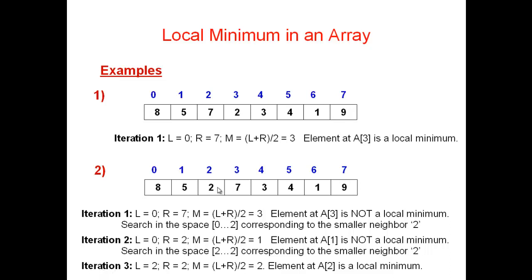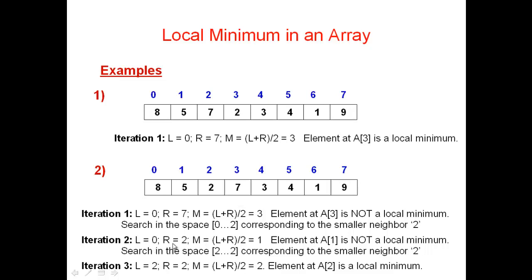So to maintain the invariant that the local minimum is somewhere between the left and right index, we have to move the right index to middle index minus 1, because that's now our range where the local minimum is.